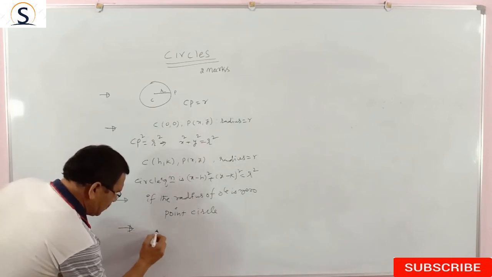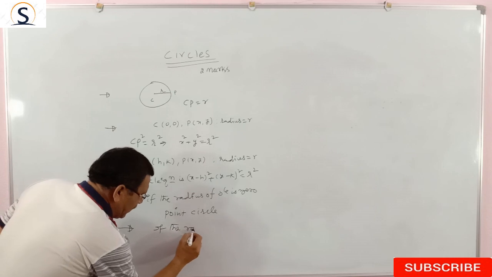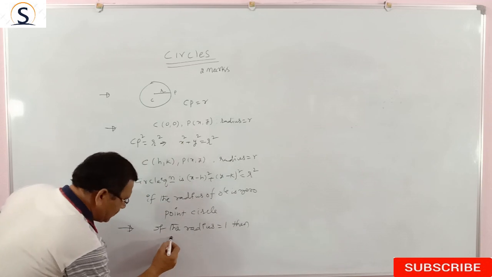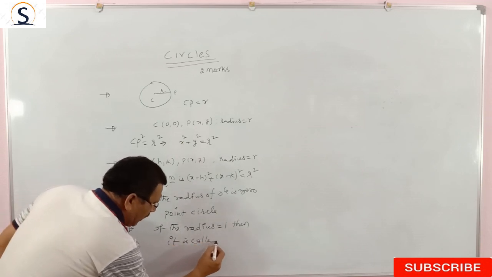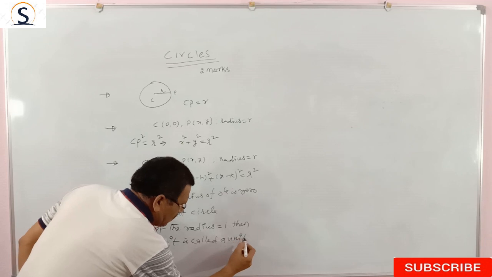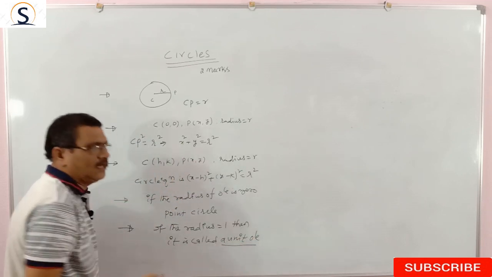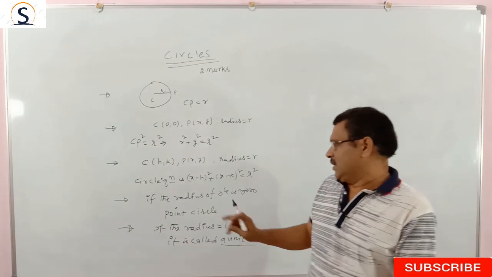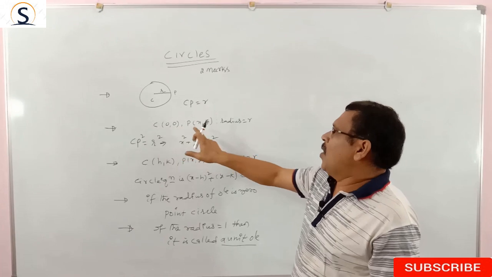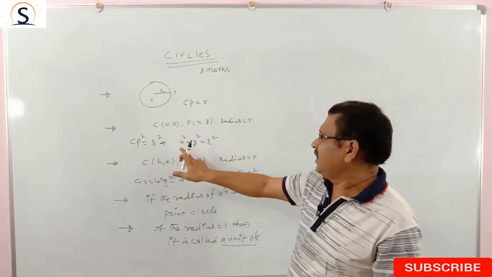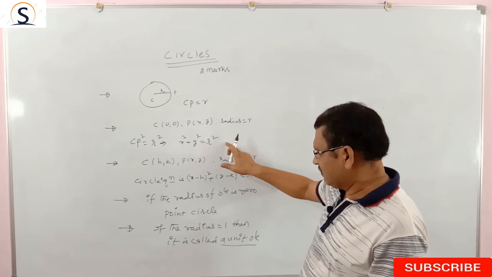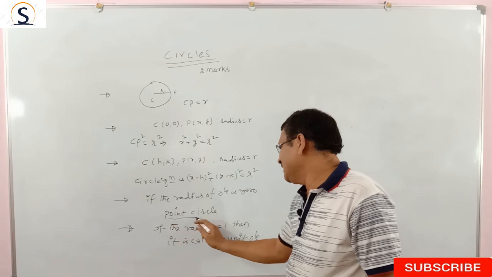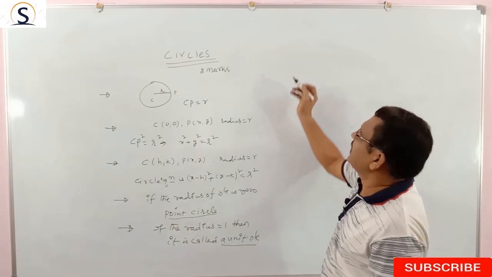If the radius is equal to 1, it is called a unit circle. With radius 1, it is a unit circle, and if the center is (0, 0) and point P is (x, y) with radius r, then the circle equation is x square plus y square is equal to r square. Radius 0 is a point circle and radius 1 is called a unit circle.